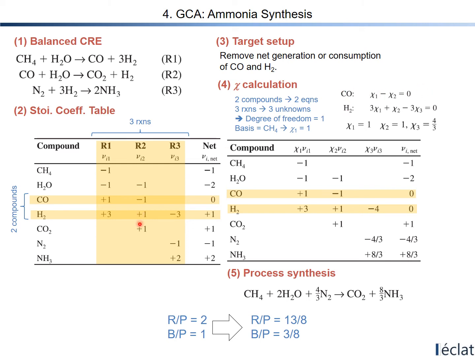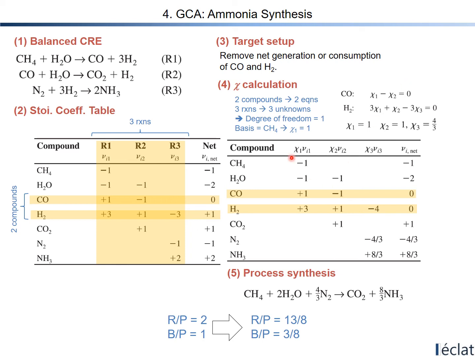The second equation, for hydrogen, is 3 Chi1 plus 1 Chi2 minus 3 Chi3 should be 0. Right now there are two equations, because there are two compounds in the blank list, and three unknowns because three reactions are involved. Then the degree of freedom is equal to 1, so we cannot solve this problem.